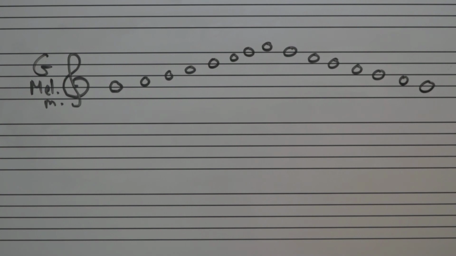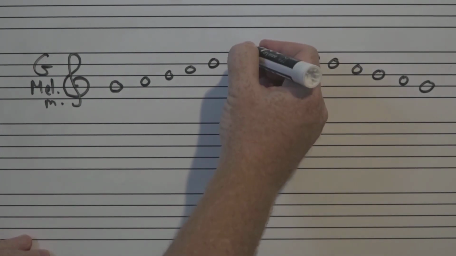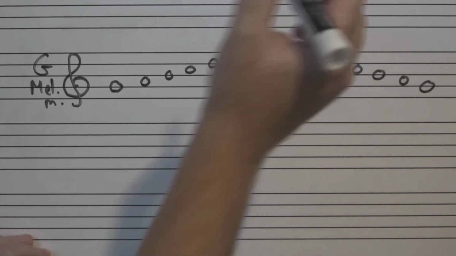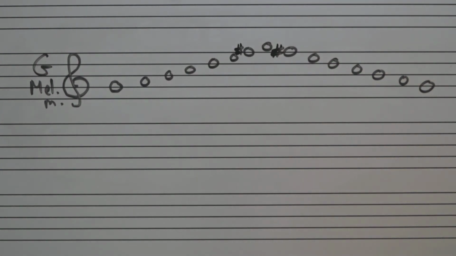Now let's first make it major. You should hopefully know from all the times you've practiced your G major scale that we have an F sharp. Let's make sure that we have an F sharp on both F sharps, the one going up and the one going down.